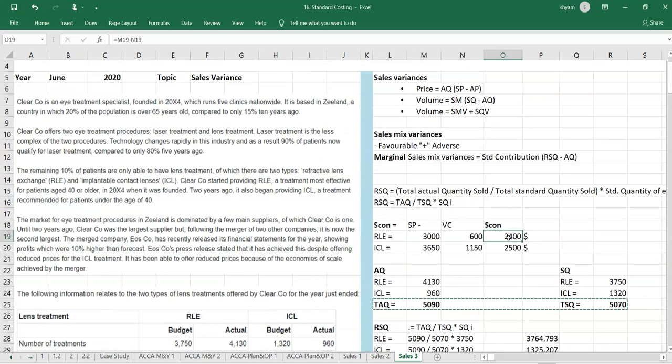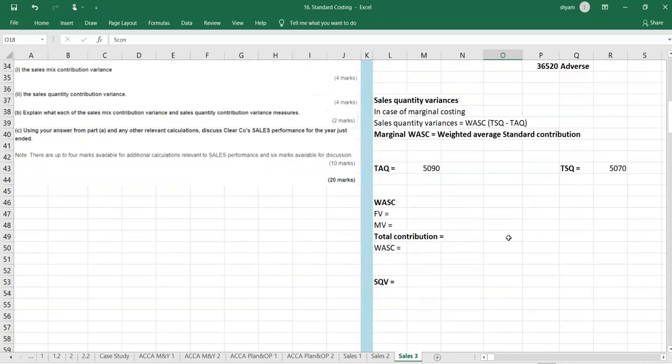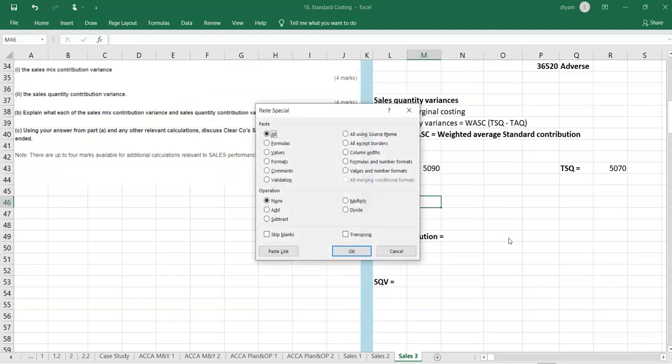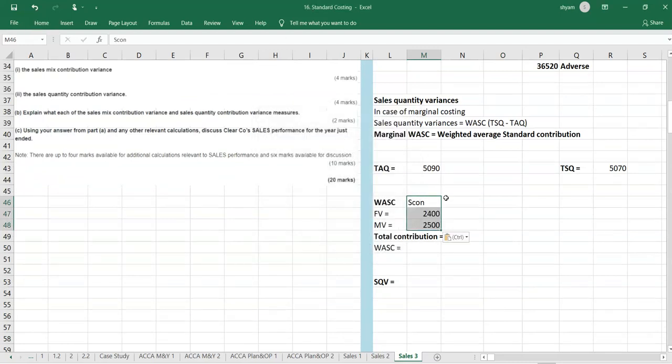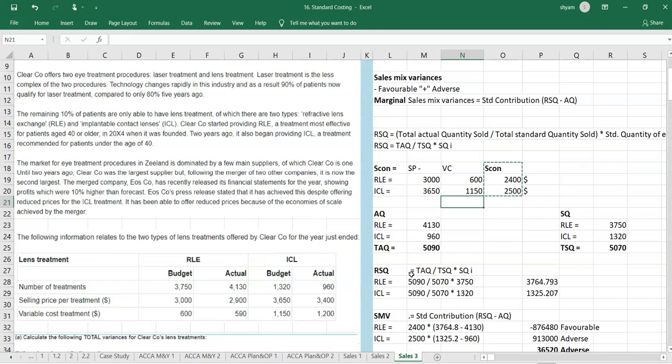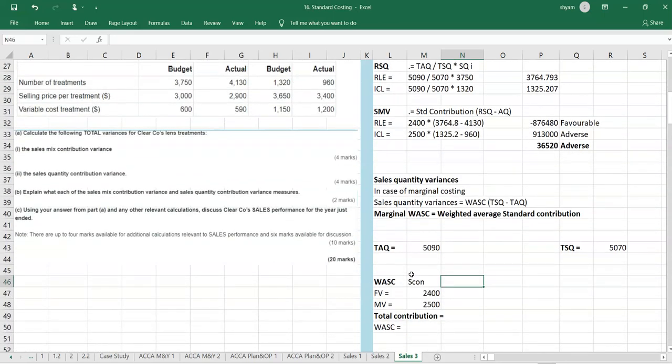To get that, first we need standard contribution. Then we need standard units, so we have to get the budgeted units.